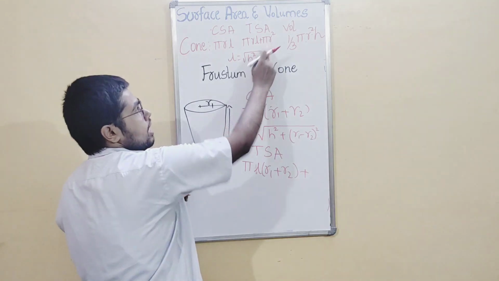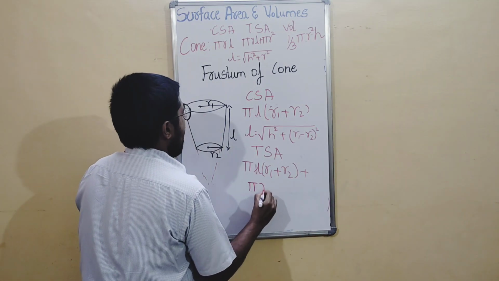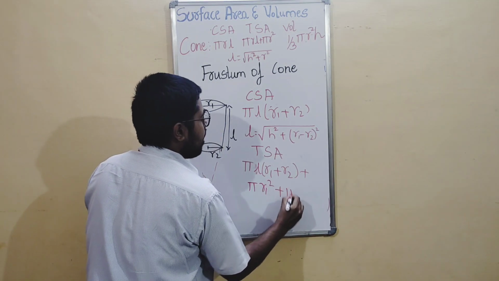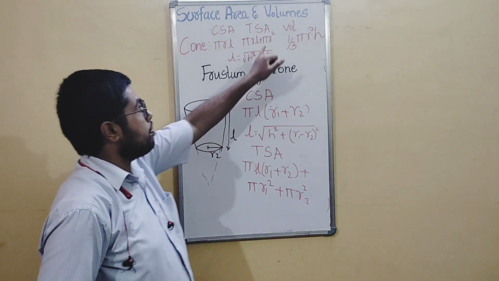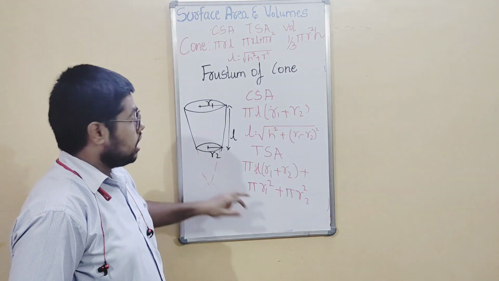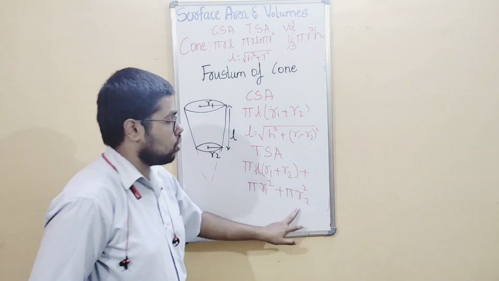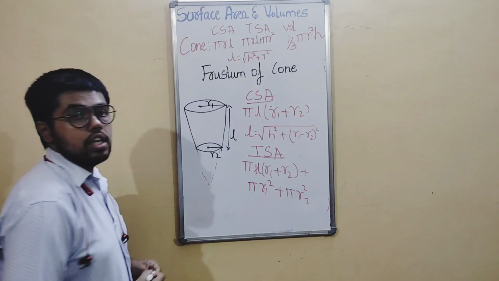In the cone, only one circle, pi r square, but here there are two different circles that were hidden. Therefore, pi r1 square plus pi r2 square. This is the curved surface area and total surface area of the frustum of a cone.